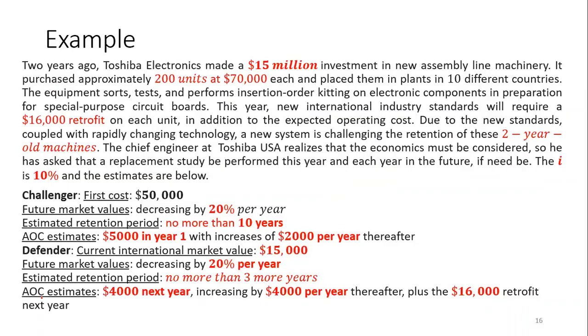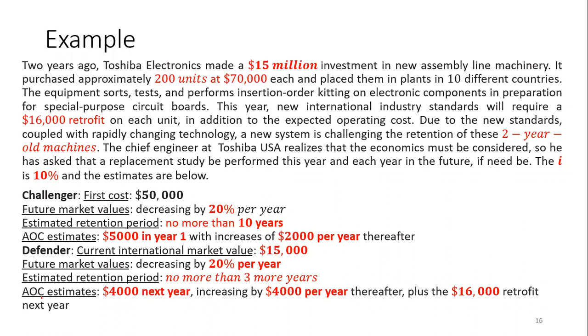Let's take an example. The example says 2 years ago, Toshiba Electronics made a $15 million investment in new assembly line machinery. It purchased approximately 200 units at $70,000 each and placed them in plants in 10 different countries.